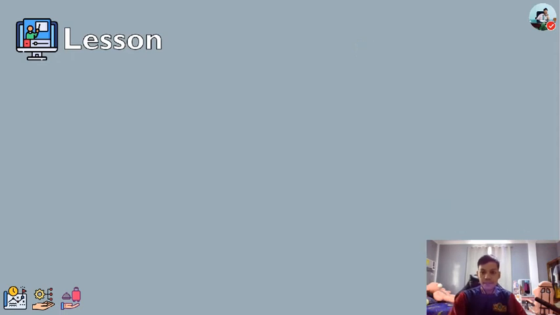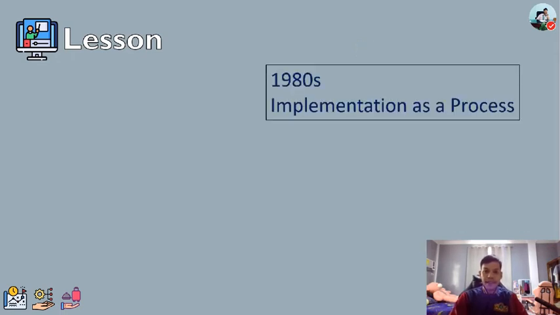Okay, so in the 1980s, scholars put more emphasis on strategy implementation as a process. In the previous years, the emphasis was on the leaders or on leadership.